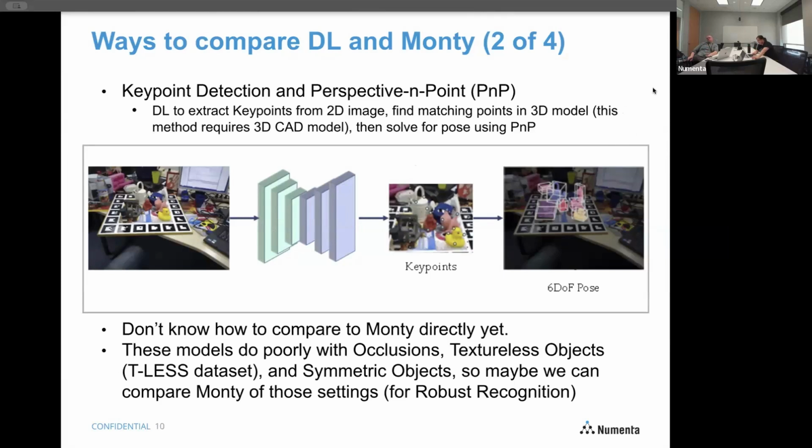So this seems closer to what we're doing with Monty, is it not? In some sense, you can imagine, in Monty, you don't sense the whole ducky at the same time. Yeah, you would be moving. You would start with one learning module that would move over and detect different points on the object, and through that sequence of points, it would infer the object and pose.